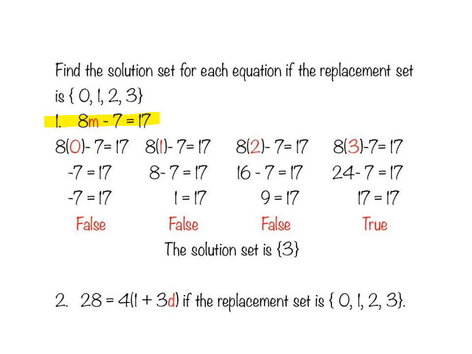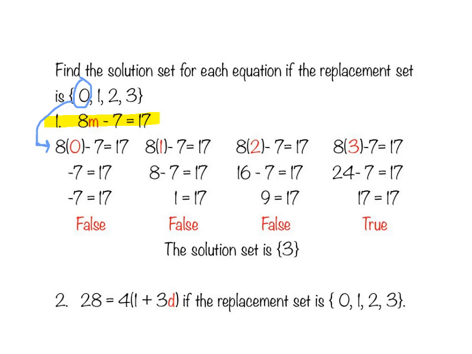So what we want to do is test each element in the replacement set to see which one would be a solution. Notice that here you're substituting 0, the first element in our replacement set, for m and testing it.